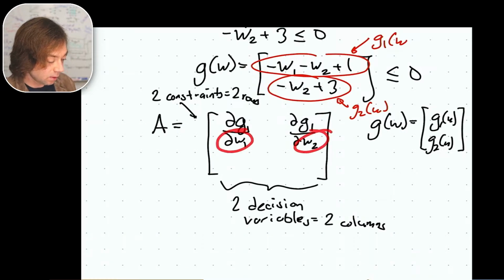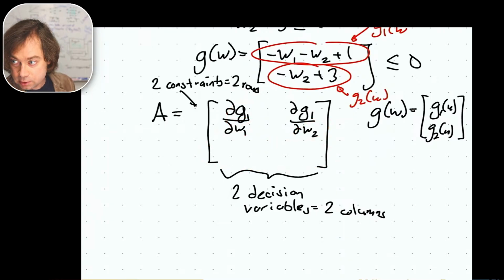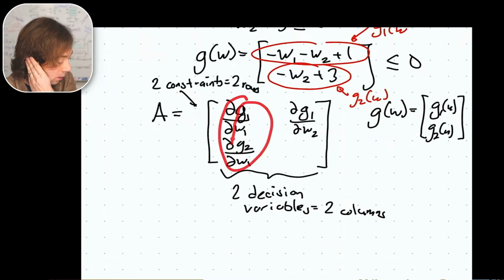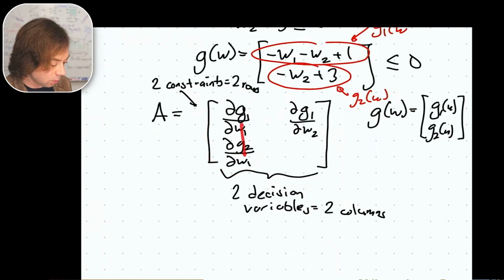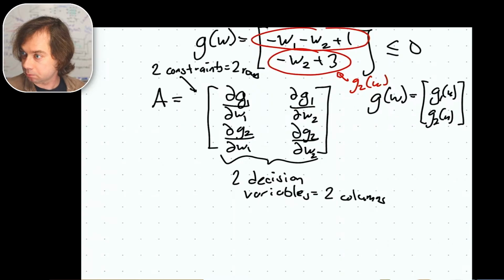Then on this second row, we're going to change our g1 into being g2. Partial g2, partial w1 is again first column, which means that we have the same w1s there. And partial g2, partial w2. Not everyone takes Jacobians every day, like me.